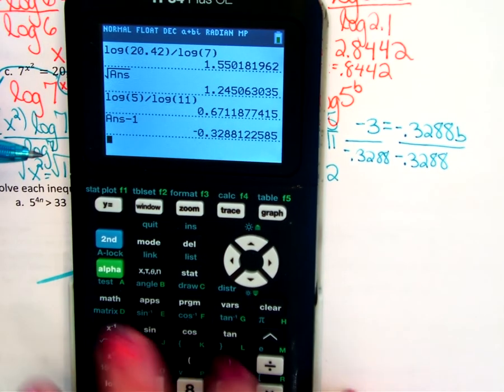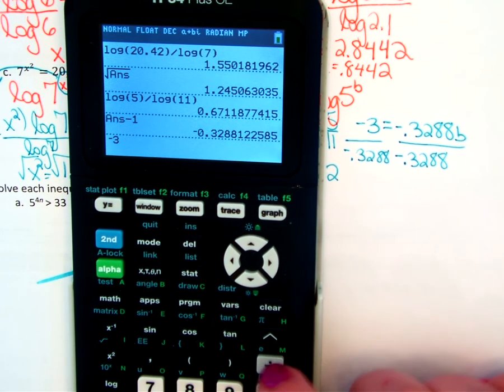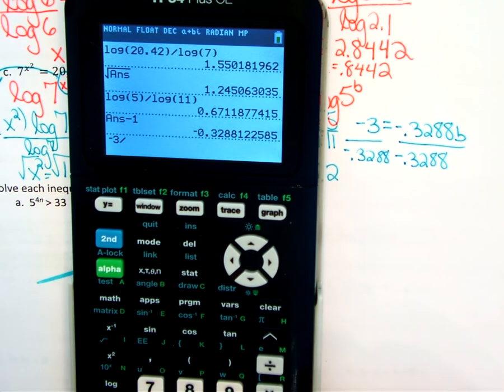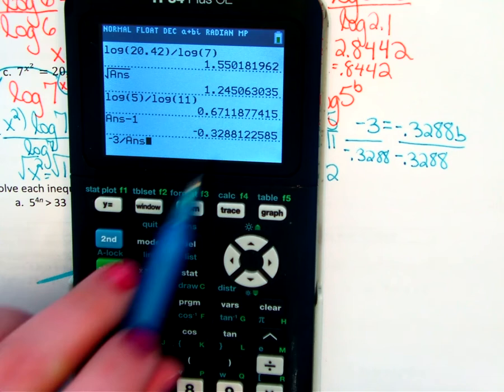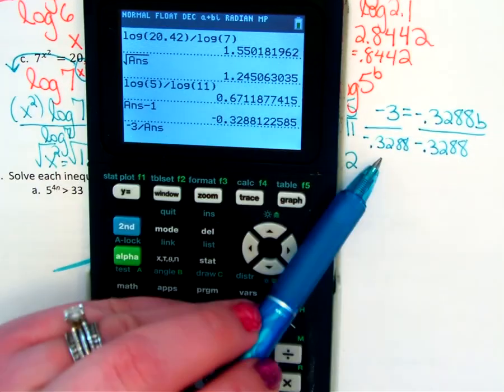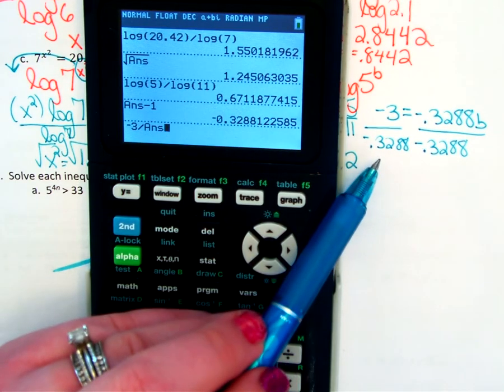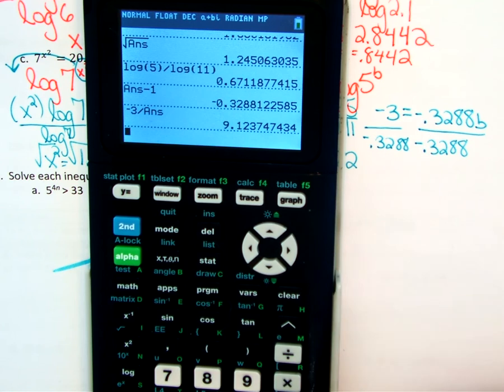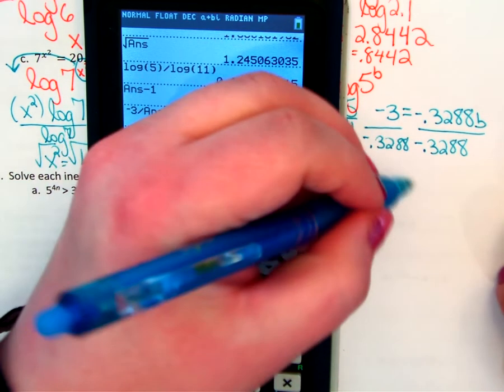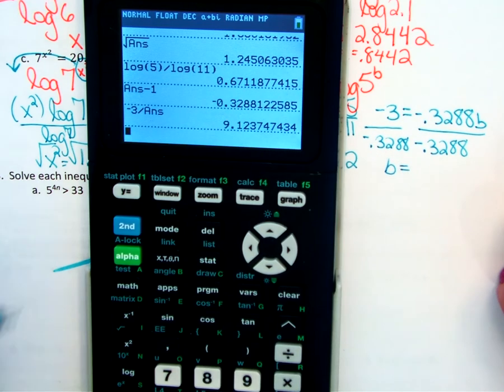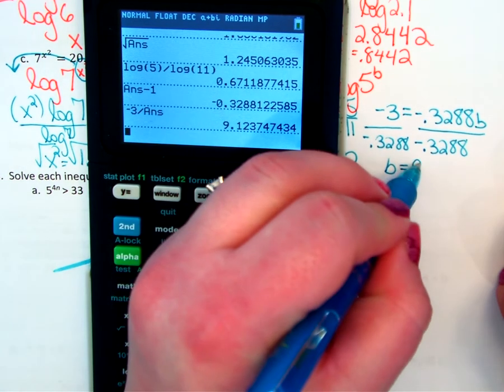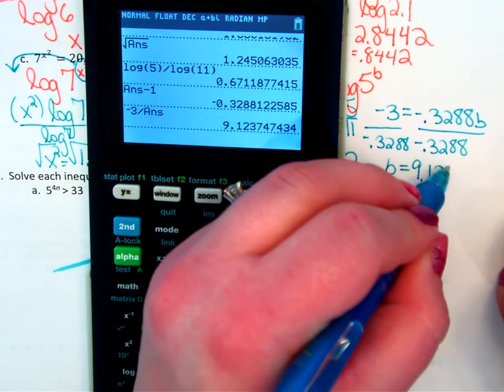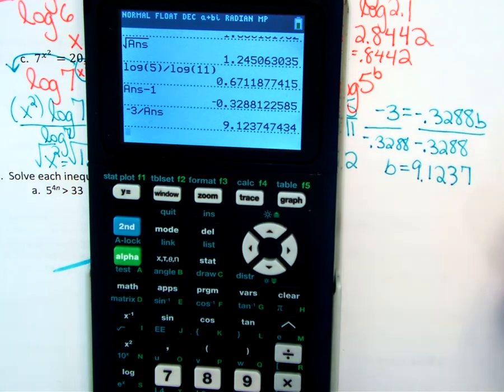So on my calculator, I have negative 3 divided by second answer, because I want that calculator to input that entire number into here, not just this number. This will not give you a correct answer. You will have serious rounding issues. So my final answer is that b equals 9.1237.